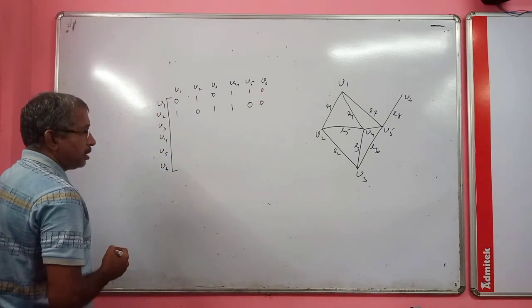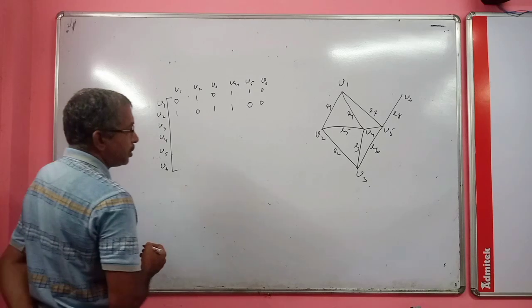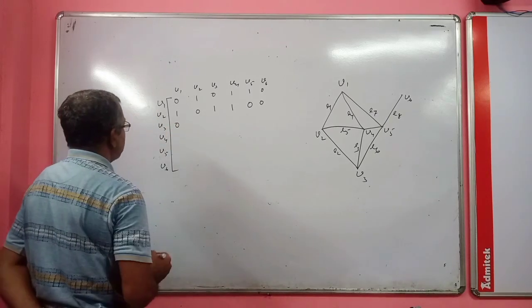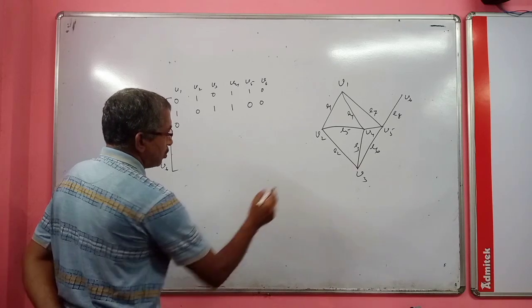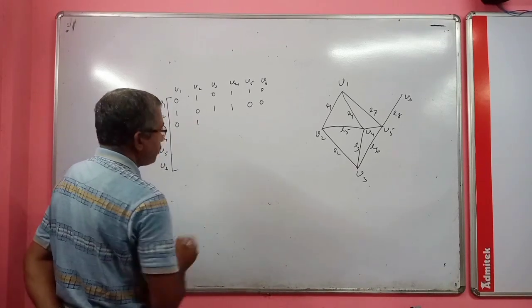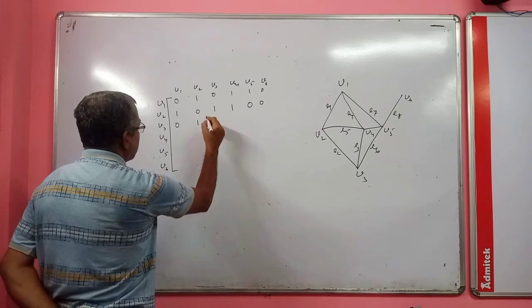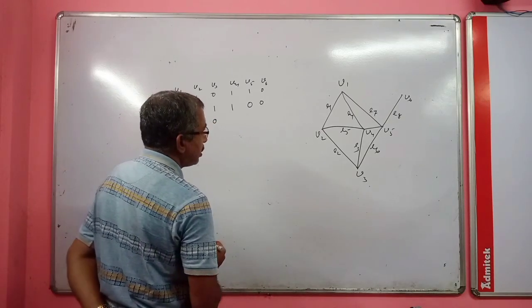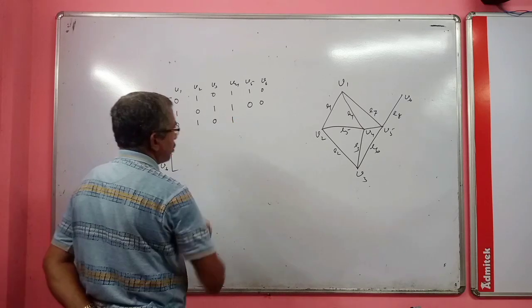Then come to V3. V3 V1 there is no edge, it is 0. V3 V2, 1. V3 there is no self loop, 0. V3 V4 there is an edge, it is 1.